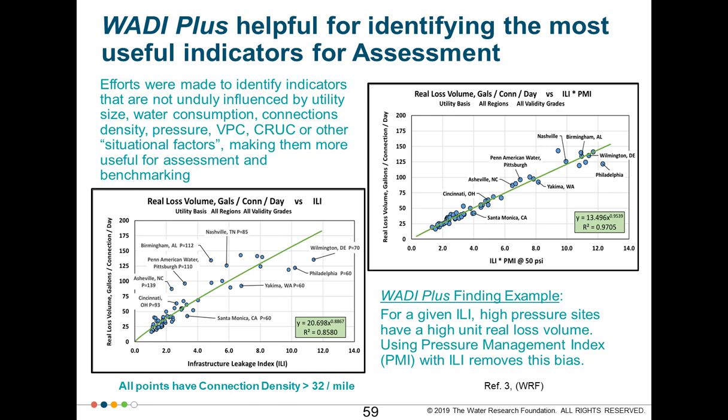The upper right graph shows a metric combining the ILI and the pressure, and you see a much tighter correlation to real loss. So bottom line, if you're going to use ILI, account for the pressure. Don't use ILI alone.